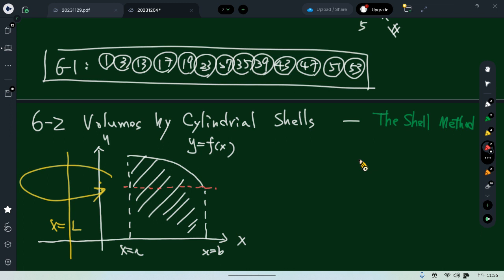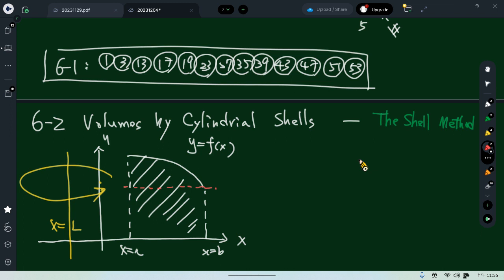One is this part, outer, inner, plus the other outer, inner. Remember, this is not a shape. It's just a rectangle.